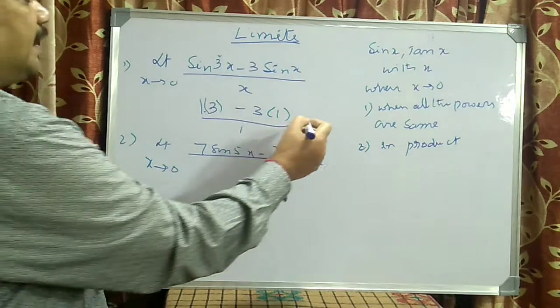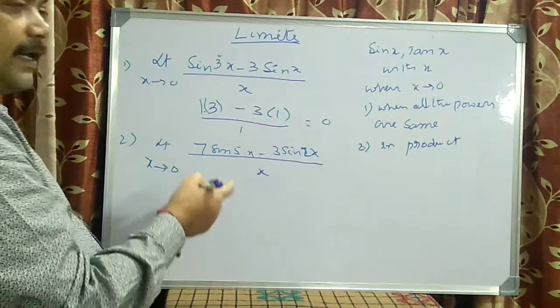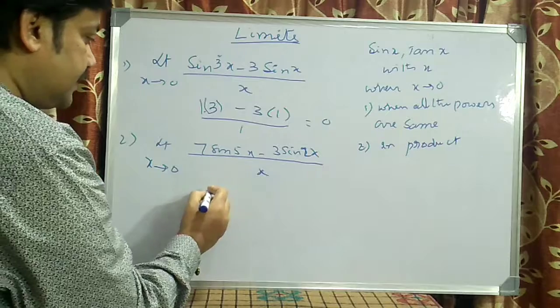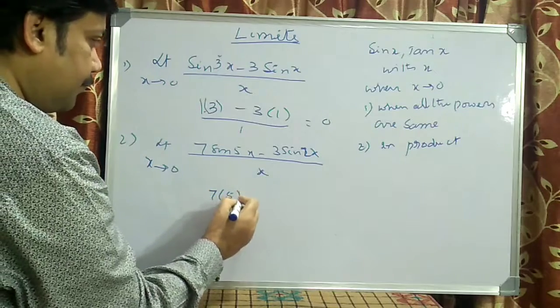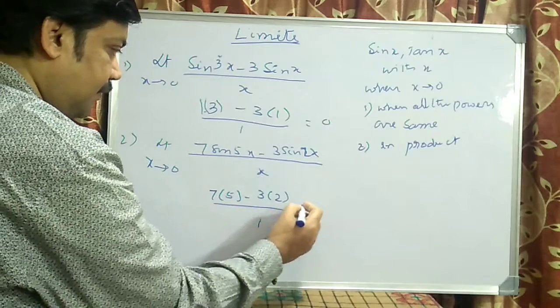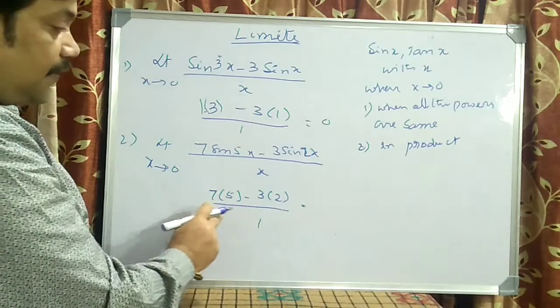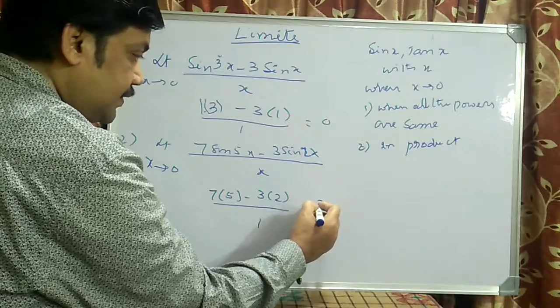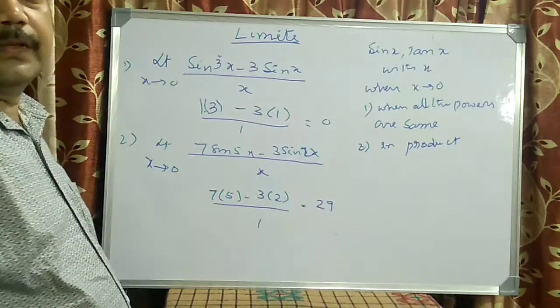So you can see this value is 0. Applying the same property here, this is 7 into 5 minus 3 into 2 divided by 1, which is 35 minus 6, equal to 29.